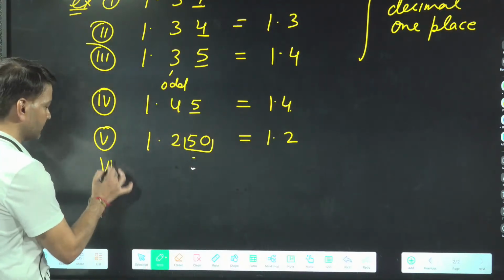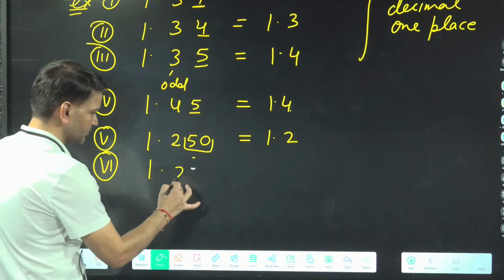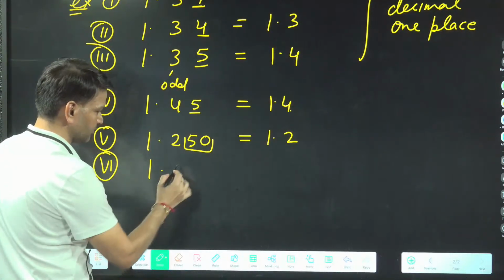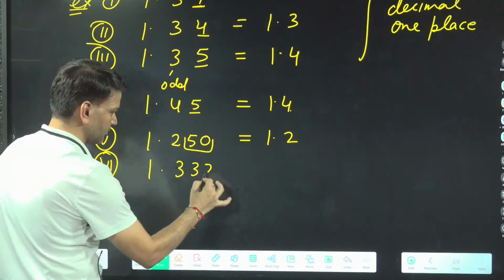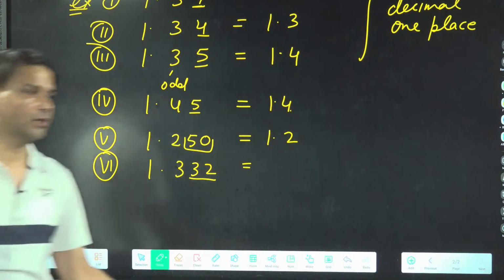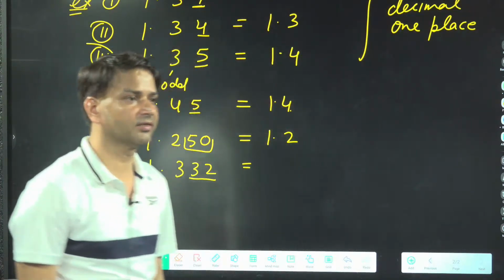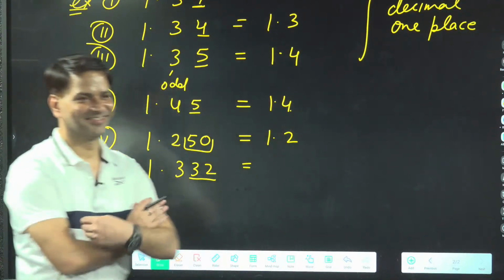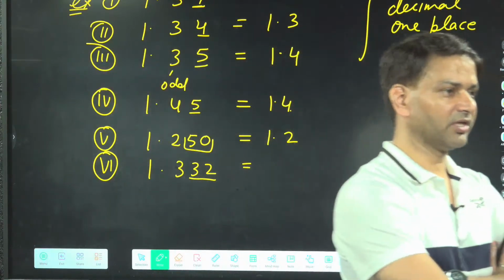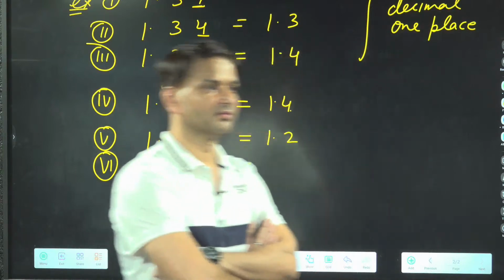Now suppose again you have to write to the decimal 1 place. What will you write? 1.3 or 1.4?